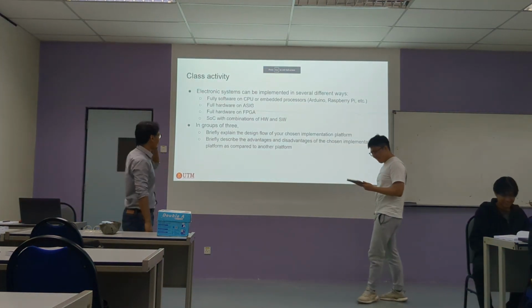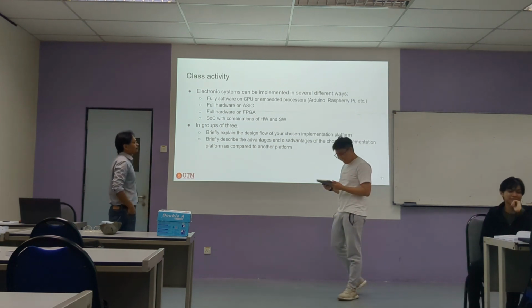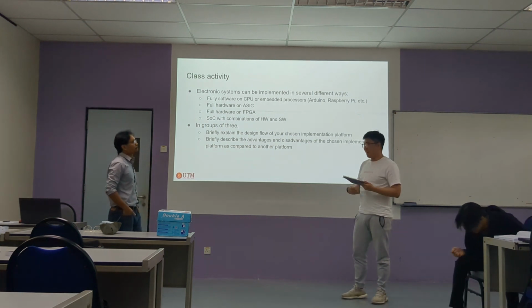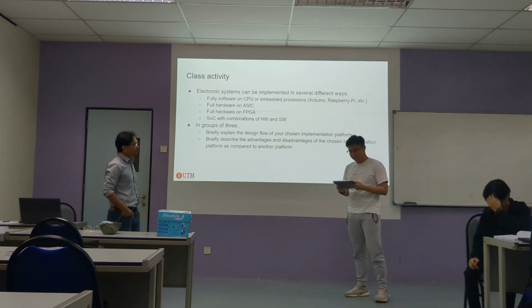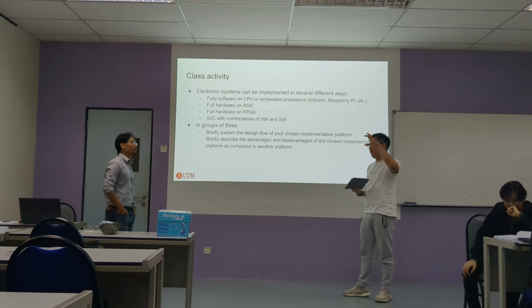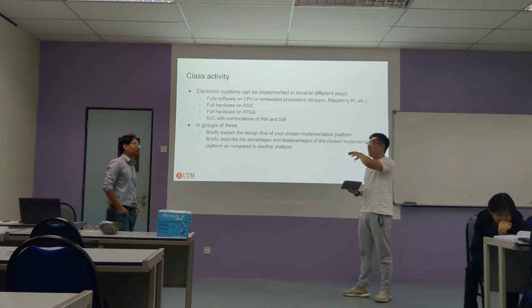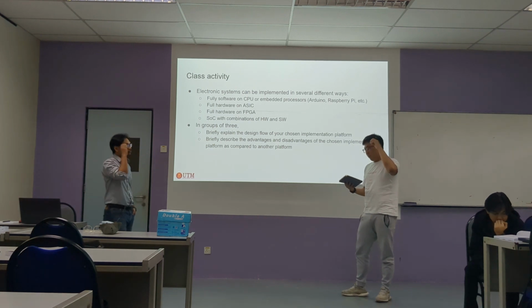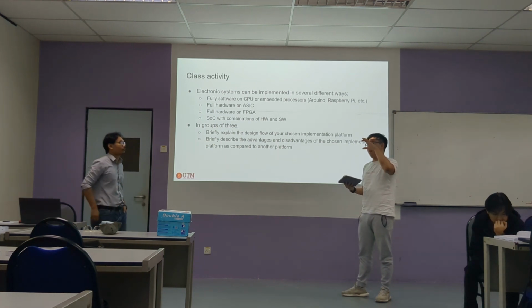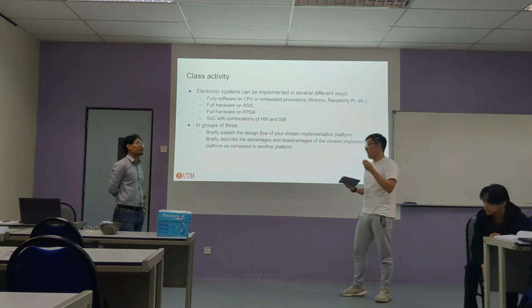For our team, we chose ASIC to elaborate. In contrast to FPGA, ASIC requires the entire design flow of the SoC. First, we start with front-end design, which is the hard IP or soft IP, which is the RTL. For soft IP, we go through verification and synthesis.